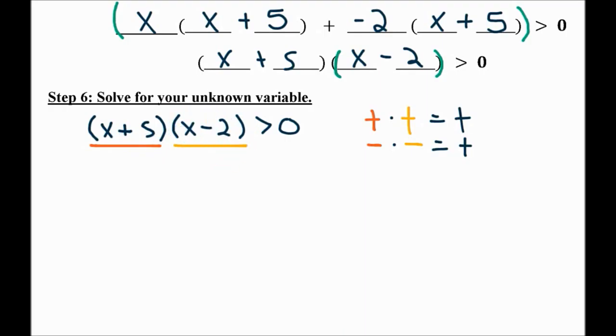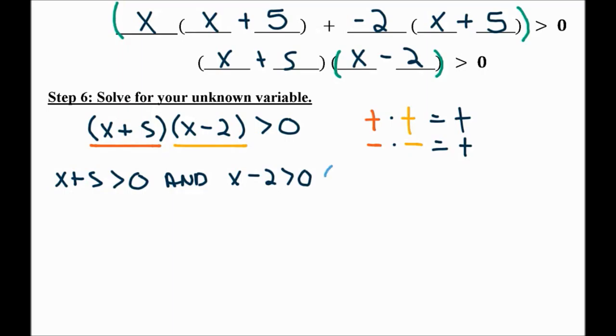So now let's write each scenario out explicitly and see if we can solve our inequalities. So we start by saying that x plus 5 has to be greater than 0, that is, x plus 5 has to be positive, and x minus 2 has to be greater than 0, or positive.